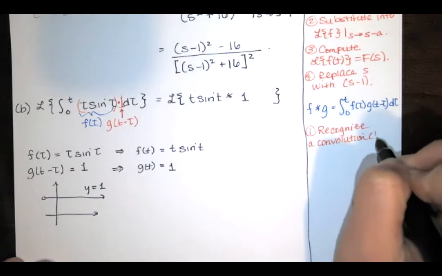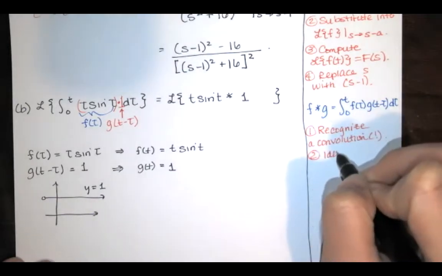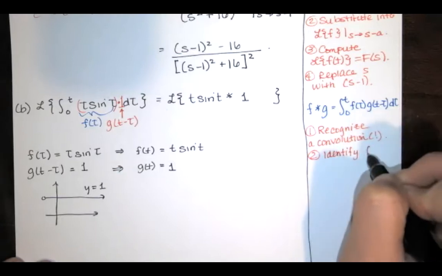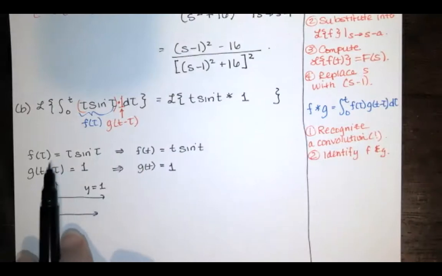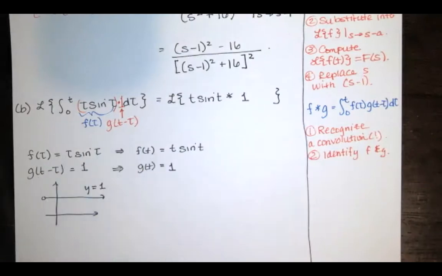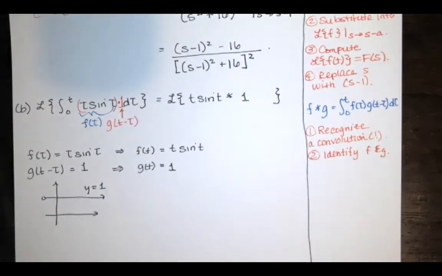And then we identified f of t and g of t by pattern matching, by saying the function of tau alone, that's going to be our f. The function of t minus tau, that has to be our g. And since there isn't an expression evaluated at t minus tau up there, it's just a constant function, it's 1. And if that's 1, then that's going to be a 1.